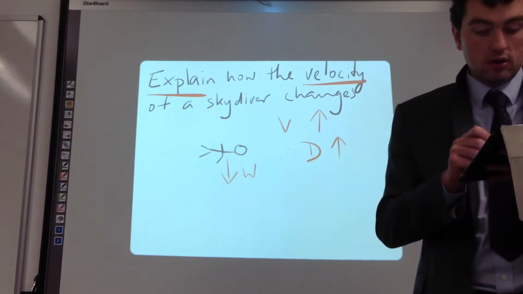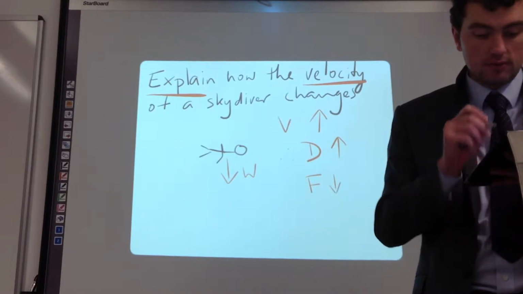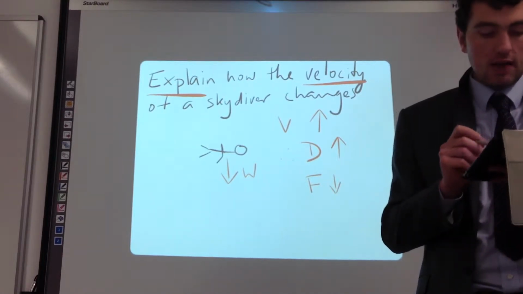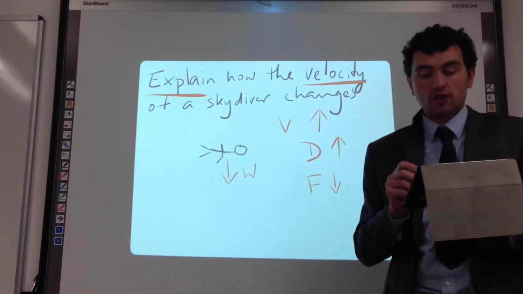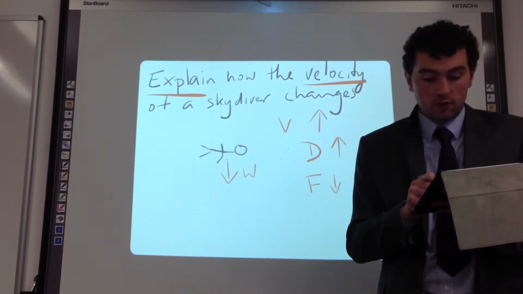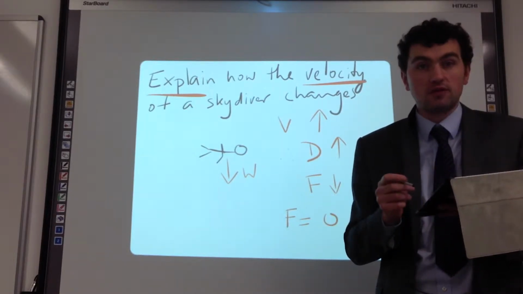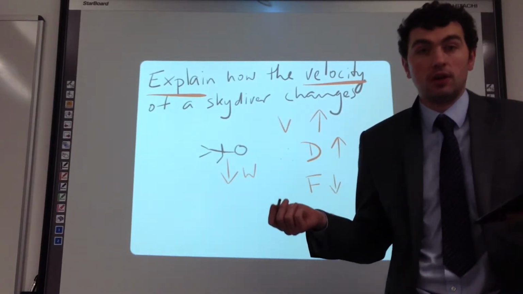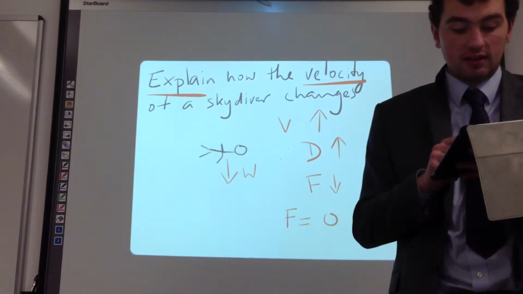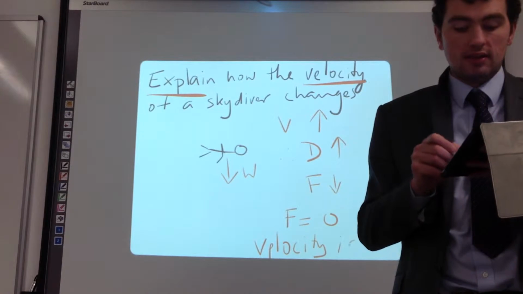Therefore, the resultant force decreases. The resultant force decreases until you get to a point where the resultant force equals zero, and if the resultant force equals zero, by Newton's first law, the velocity is constant.